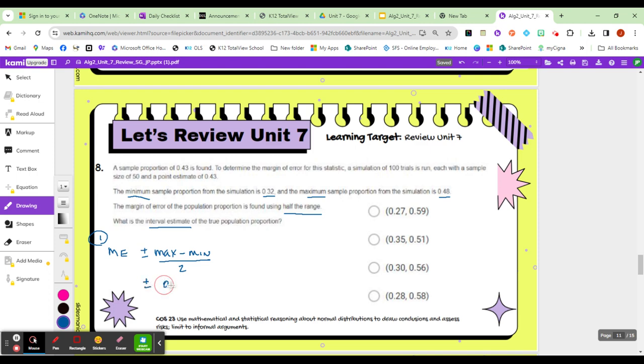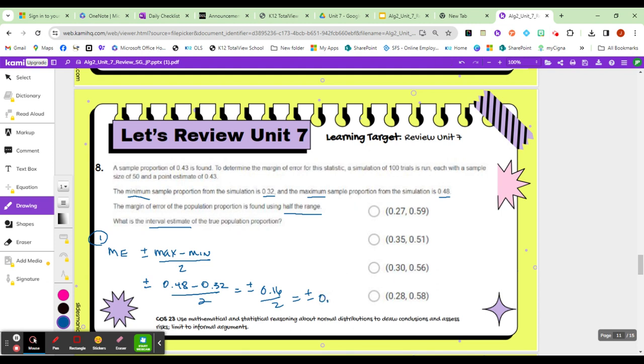Max is 0.48. Minus min is 0.32 divided by 2. That's going to be plus or minus 0.16 divided by 2, which is going to be plus or minus 0.08. Now, this is the margin of error.